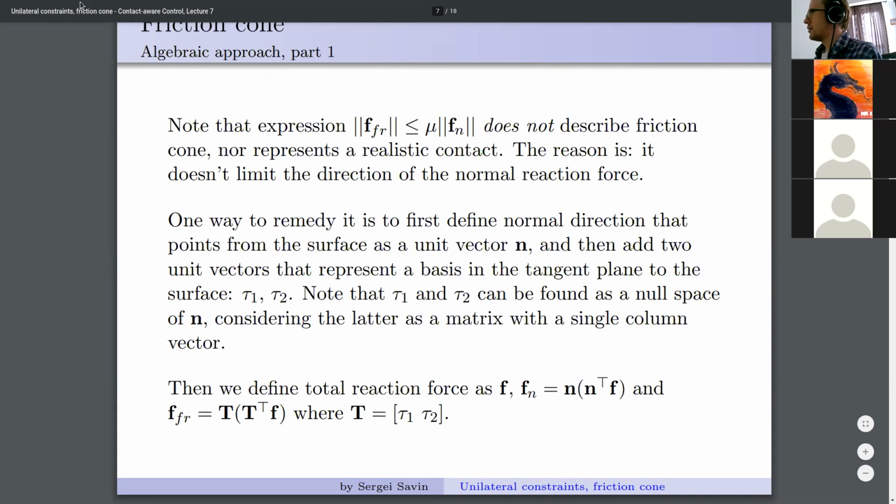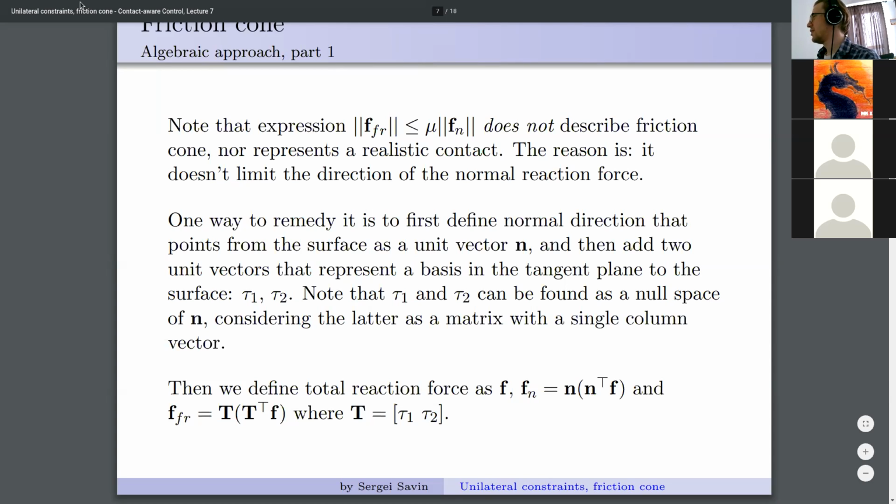Now, let us note that this expression on top of the slide does not describe a friction cone. Friction norm is less than mu times the norm of the normal reaction force. This does not describe a friction cone, nor does it represent actual realistic contact. Why? Well, there is a good reason.